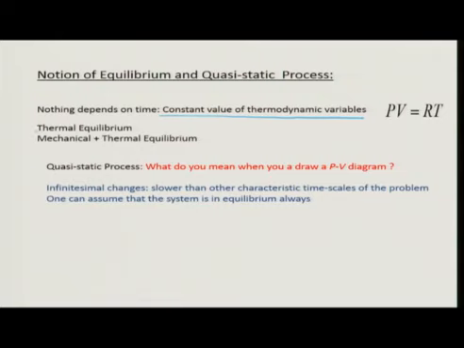I told you thermal interaction, then that gives me notion of one equilibrium, that is called thermal equilibrium. What is thermal equilibrium? We already know that there is a quantity called temperature. So, I have a system and the rest of the universe, they can exchange heat if it is a diathermic wall, okay?